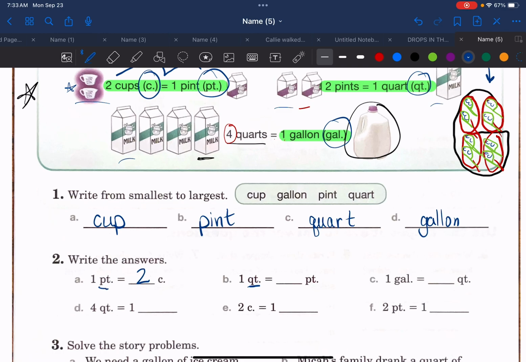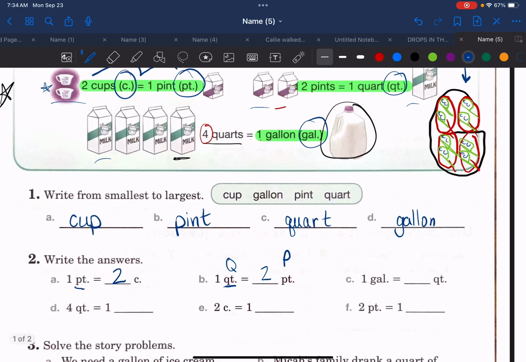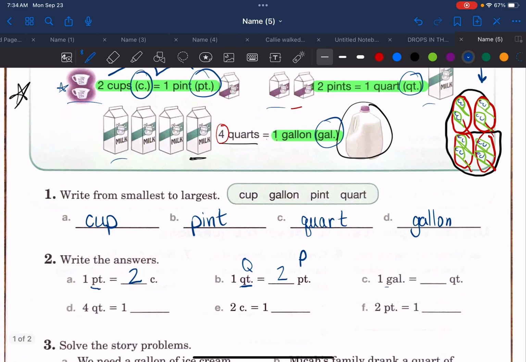Okay, so now if I look over in my big G, find one of the Q's. A big Q stands for, on our picture, the quart. So if I have 1 quart, how many little P's are in the quarts? There's 2. Okay, now on C, if I have that big gallon, the big G, how many Q's did we fit inside of it? There's 4 quarts in a gallon.